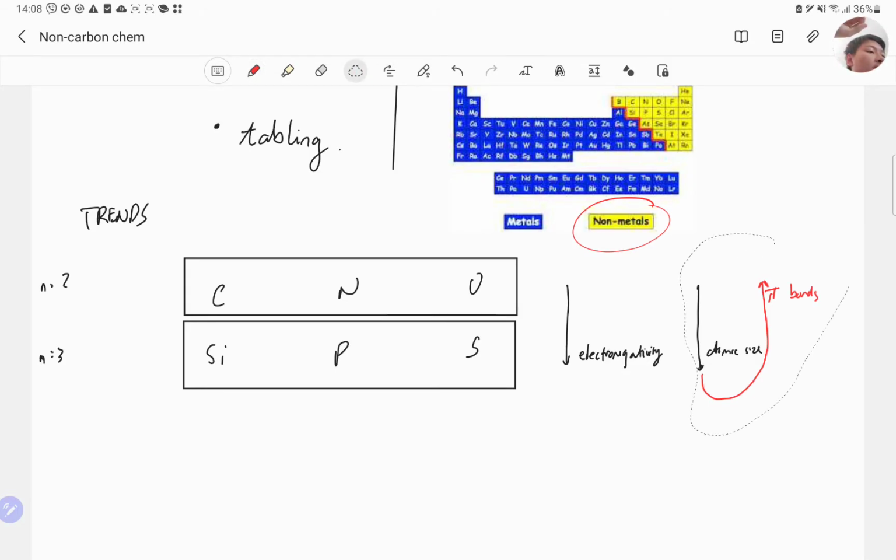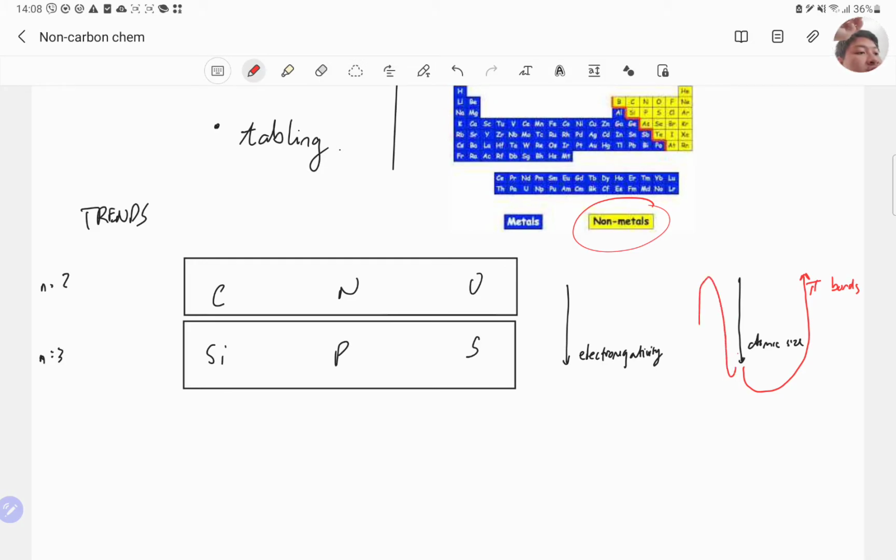And because you have more orbitals, you can actually form more bonds, more sigma bonds.